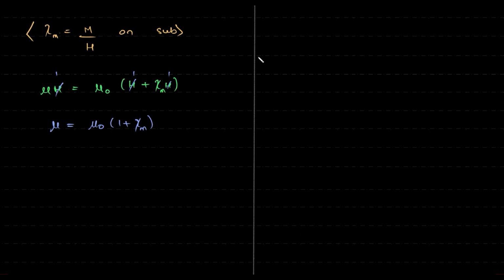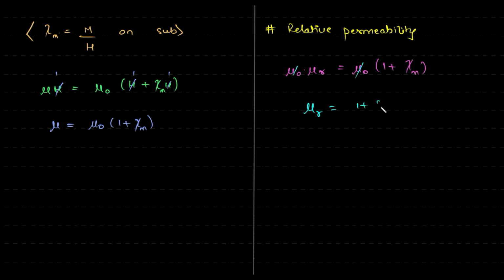So we have to look at the relative permeability also. It's quite simple. This is nothing but mu naught mu r, right? And so this is equal to mu naught (1 plus chi). So this and this will get cancelled. Mu r equals 1 plus chi.